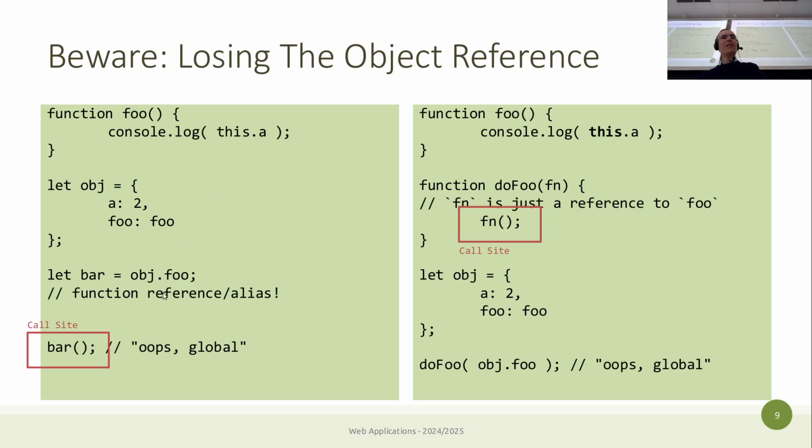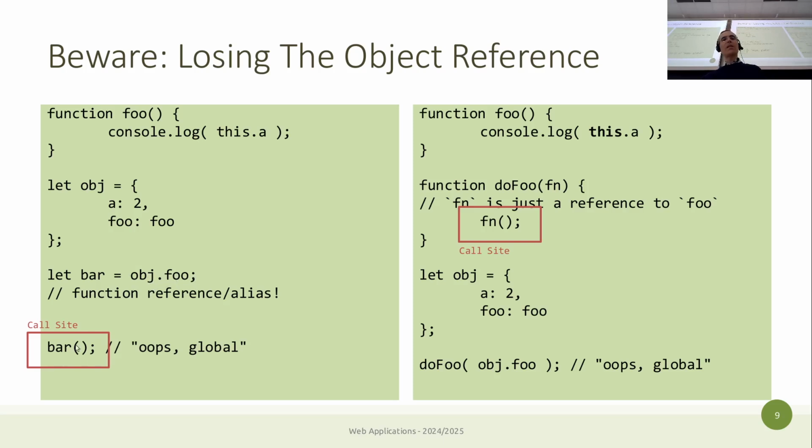So you see the example here? You take the object.foo, you assign it to another variable and you call it bar. Okay? This is actually the same function. It didn't change anything with respect to the previous slide. That's the same function. But this time, the call site is not here. Not object.foo with the brackets.